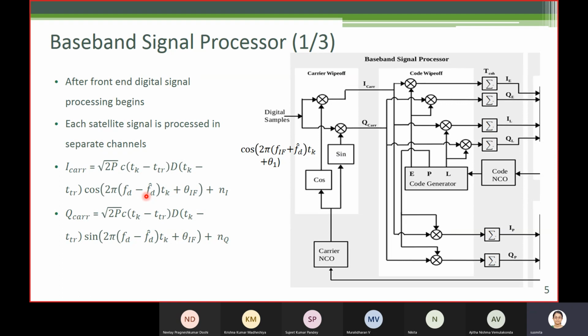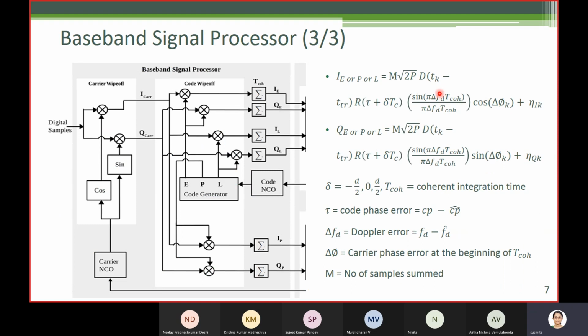Therefore, some contribution will come when we do this operation from the cos and sine term, right? In the digital domain, summation is equivalent to integration. So we can mathematically integrate the whole thing, okay? And then finally we'll see that after doing integration, we get these extra terms because of cos and sine. It can be shown, okay?